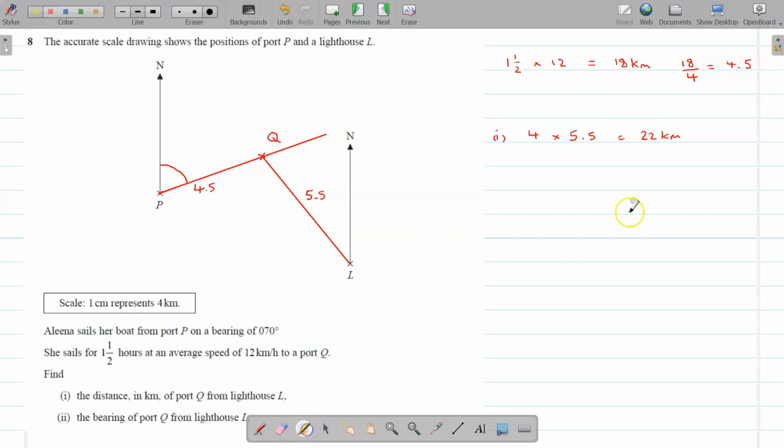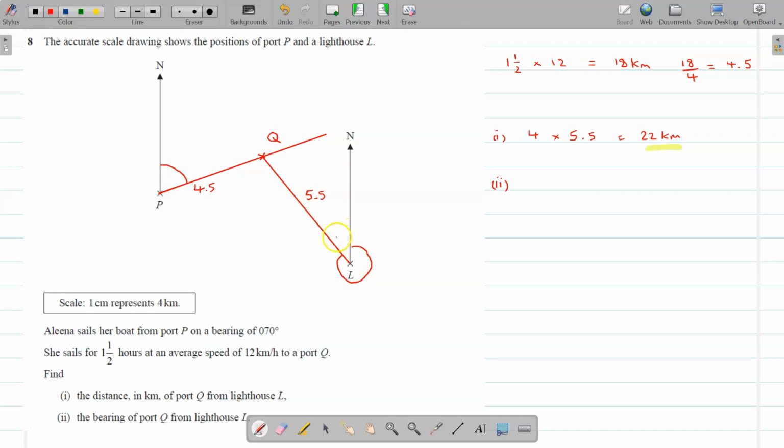Okay, so that's the first answer, and the second answer is about the bearing of Q from the lighthouse. That means you're standing at the lighthouse and you want to turn clockwise, starting from north, that many degrees until you're facing Q. Well, it's nearly a full circle.